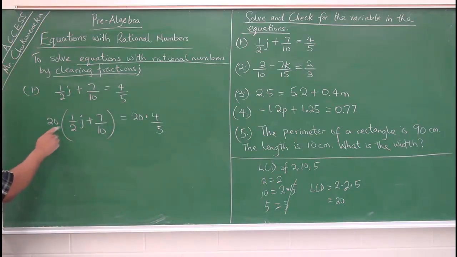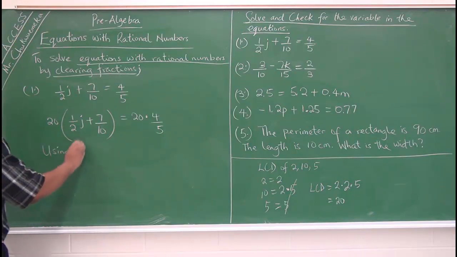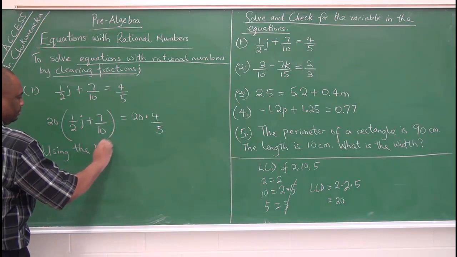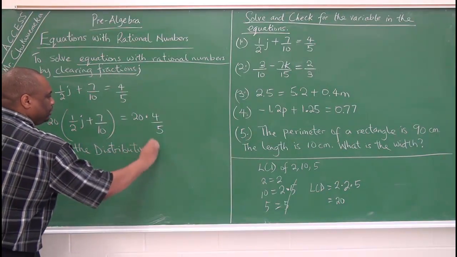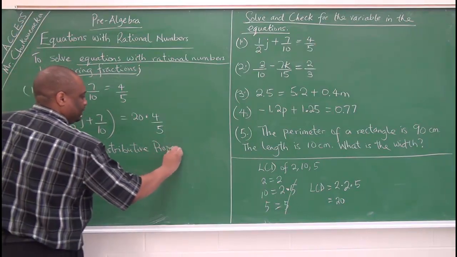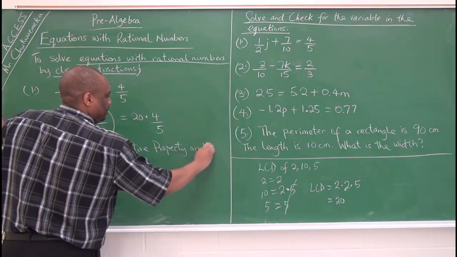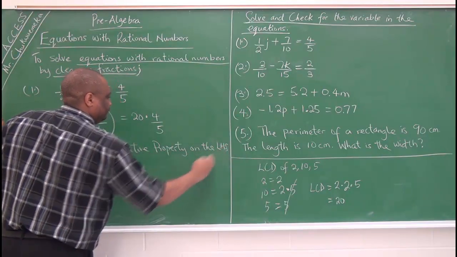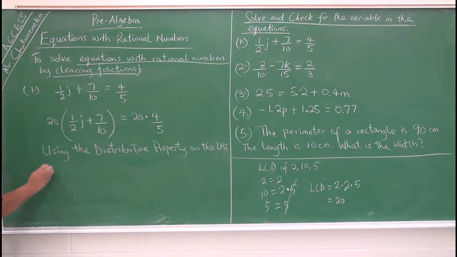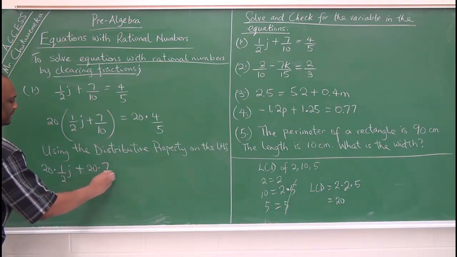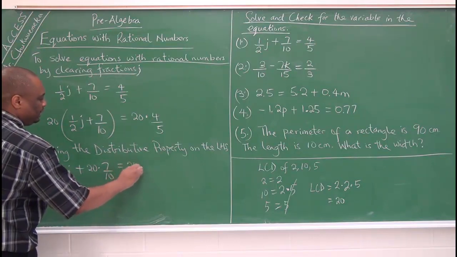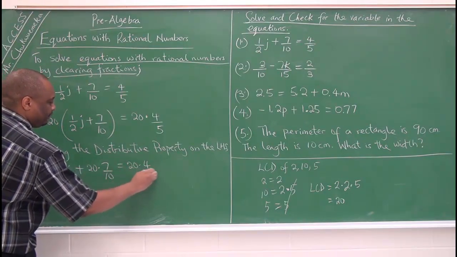So here, using the distributive property on the left-hand side, we now have 20 times 1 over 2 times j plus 20 times 7 over 10 equal to 20 times 4 over 5.